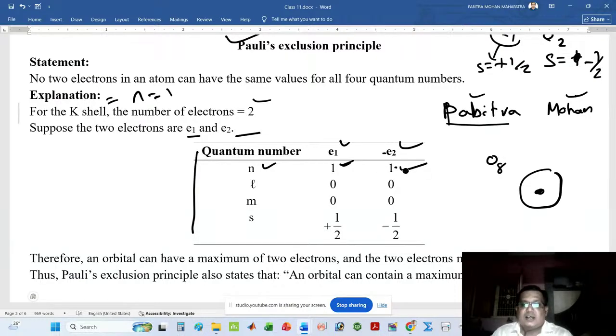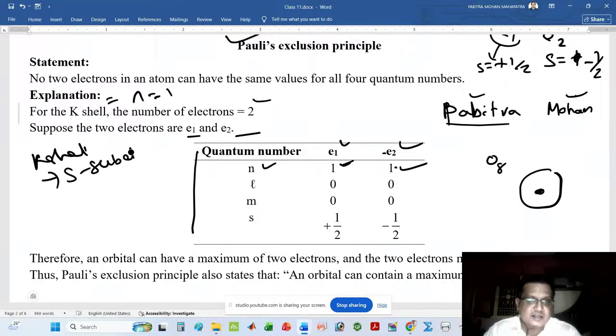So you cannot say otherwise for E2, because both electrons are present in the same shell. So for E1, n is equal to 1, and for E2, n is also equal to 1. Since the K shell has one subshell, that is the s subshell, for the s subshell we can write l is equal to 0. So for E1 and E2, both l is equal to 0. Yes or no?